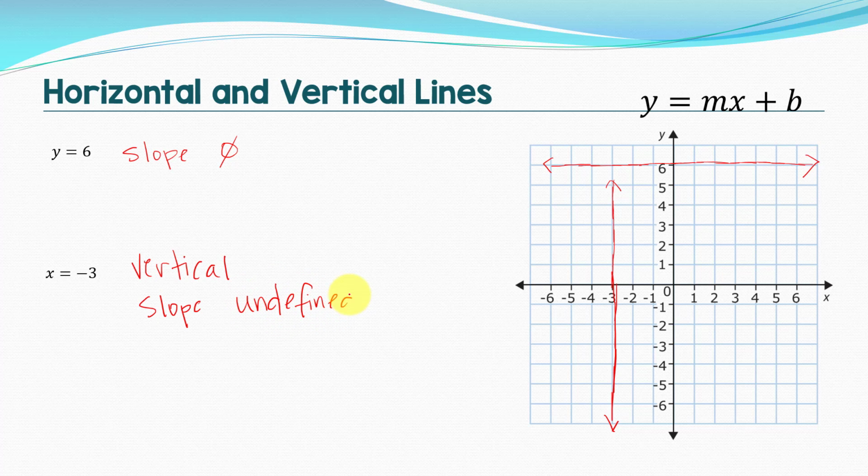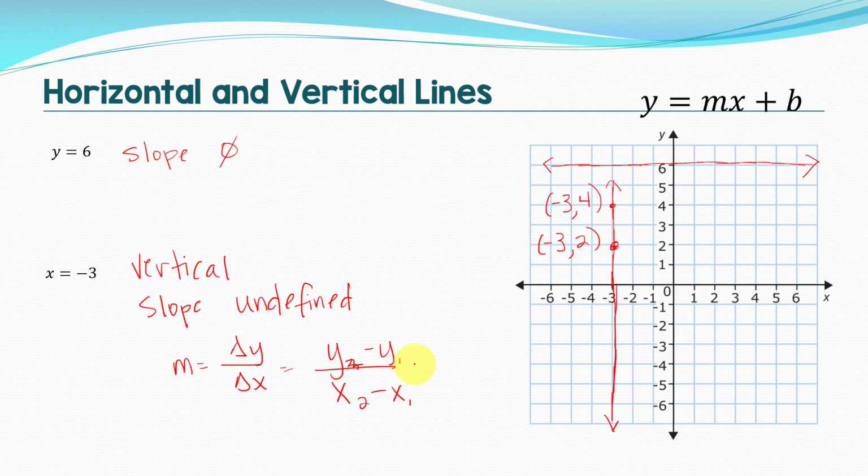Because if you actually went to calculate slope, slope is the change in y over the change in x, which is the difference of the y's over the difference in the x's. So if you pick any 2 points on here, let's pick this point and this point, okay? This is the point -3, 4, and this one is the point -3, 2.